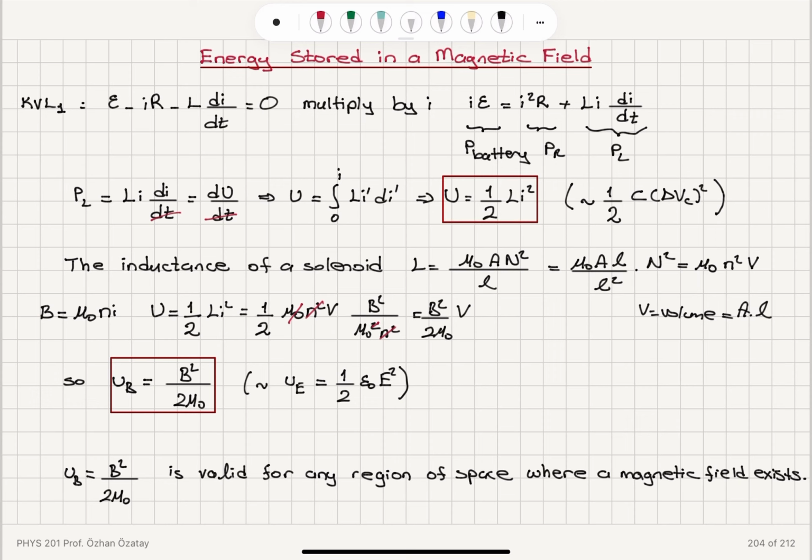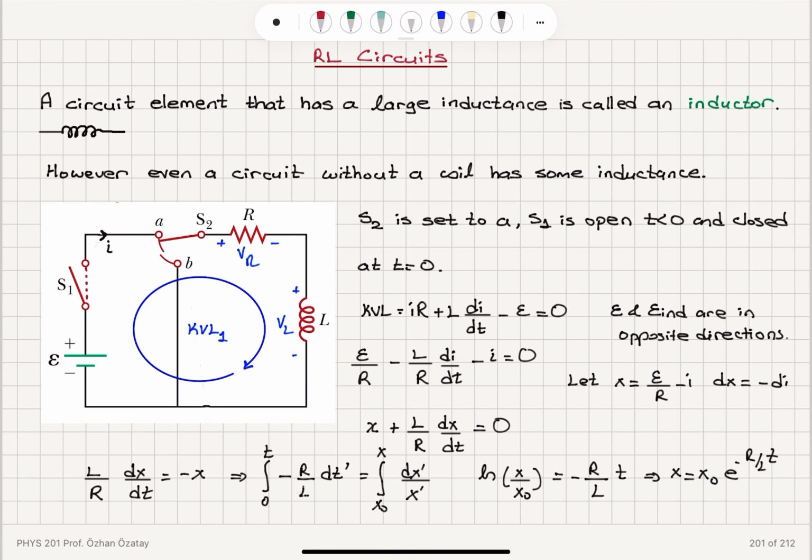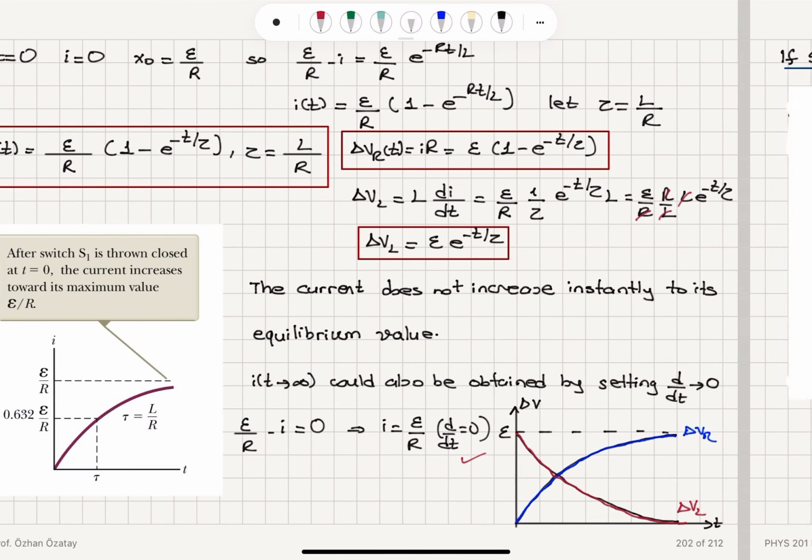So for the energy stored in a magnetic field, if you look at our RL circuit, the first Kirchhoff voltage law basically tells us that following this loop, IR plus L di dt minus epsilon is equal to 0. The current basically follows the voltage drop.